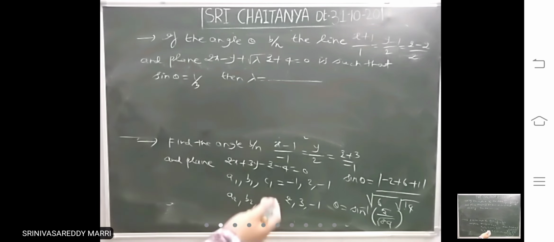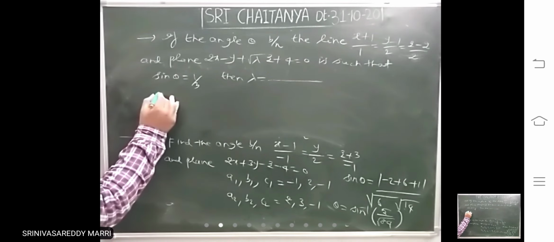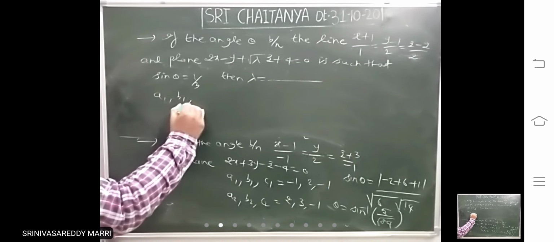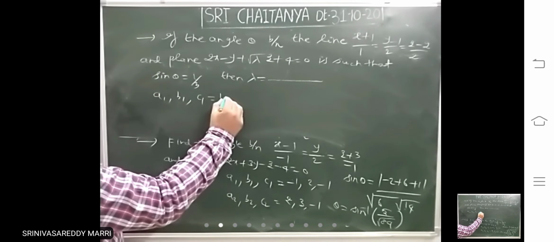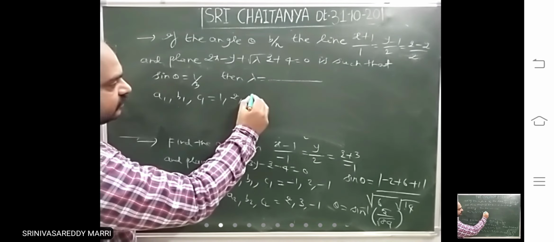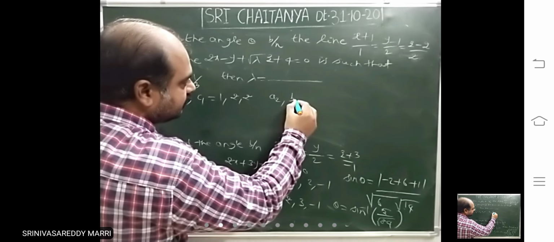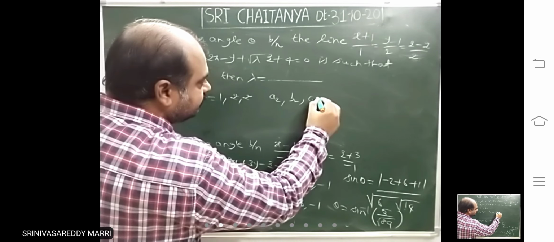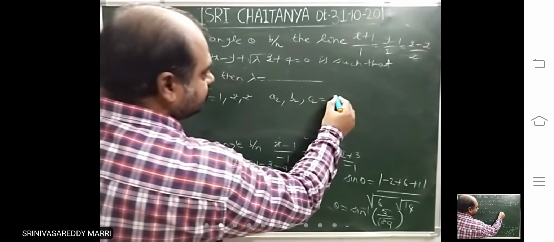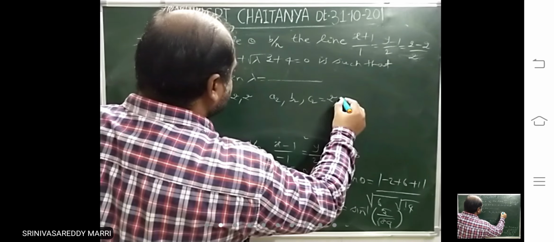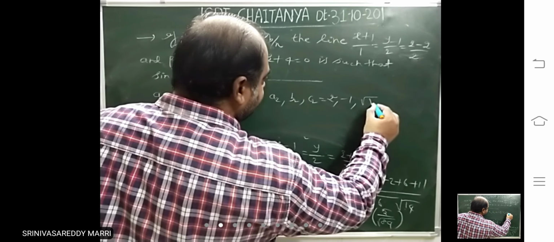So it is just formula application only. A1, B1, C1 is nothing but 1, 2, 2. A2, B2, C2 is nothing but 2, minus 1, root lambda.